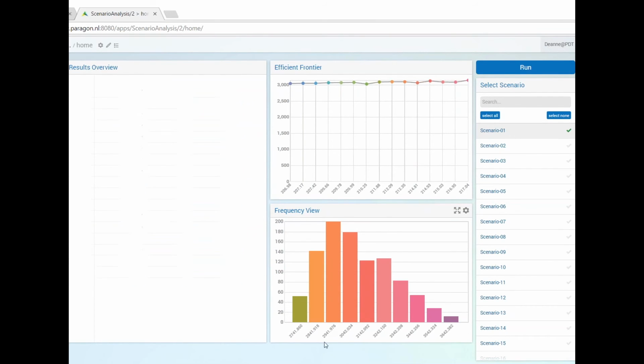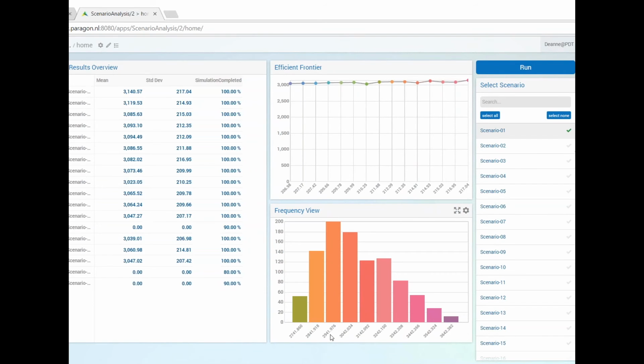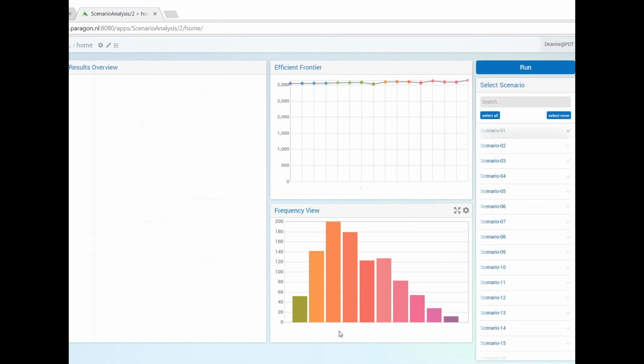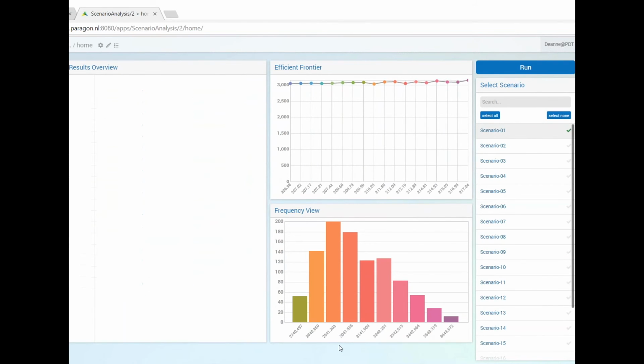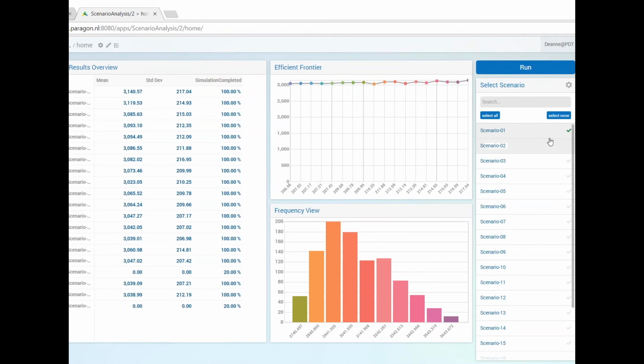So as we see for this scenario 1, the most likely interval is this 2,941 million. So that's relatively low. It's not the highest compared to some of the other decision scenarios we saw. Of course, you can select another scenario to see here. So that's a different scenario.